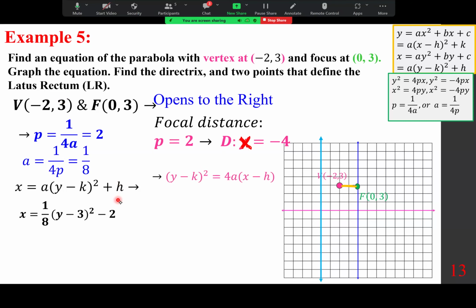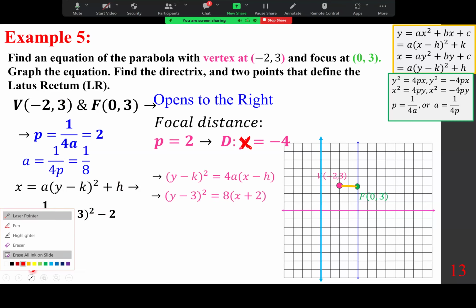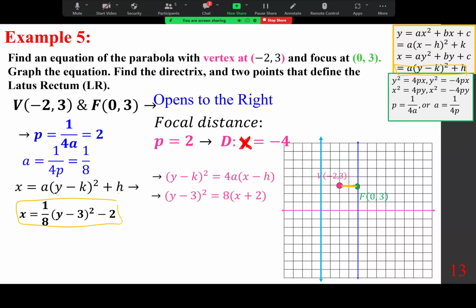If you move things around, in other words, move the -2 here, make it plus 2, multiplied by 8, this is what we get. And therefore, this is the equation. Just to let you know, that is the formula we are dealing with here.